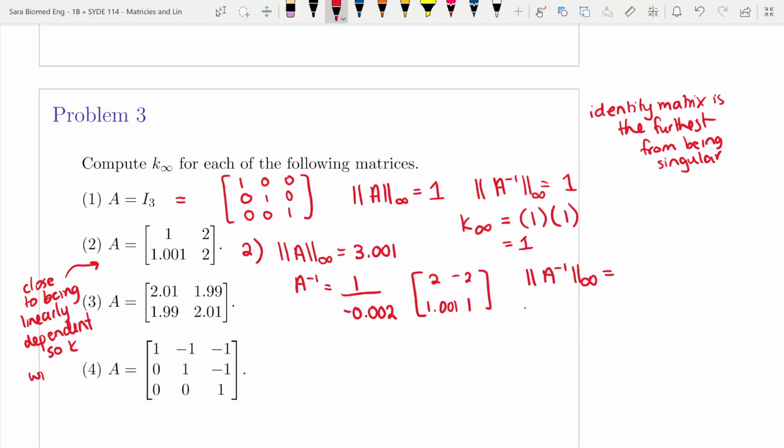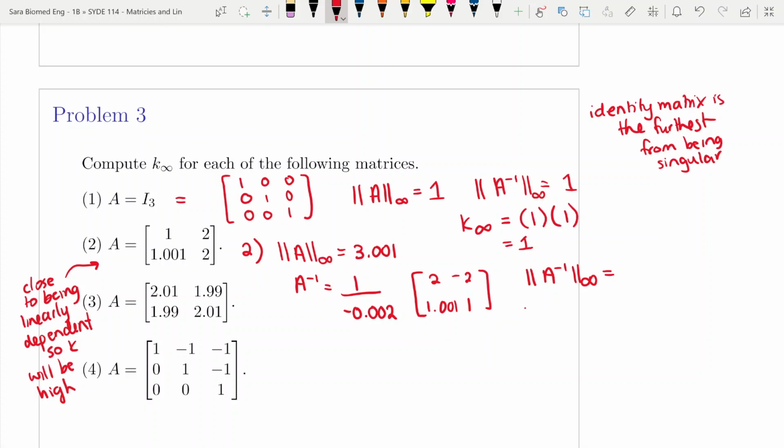So without even computing it, you know in advance that the condition number will be high because it's close to singular. Any questions? I hope I said that clearly, because that is the takeaway for how you can remember what condition number is.